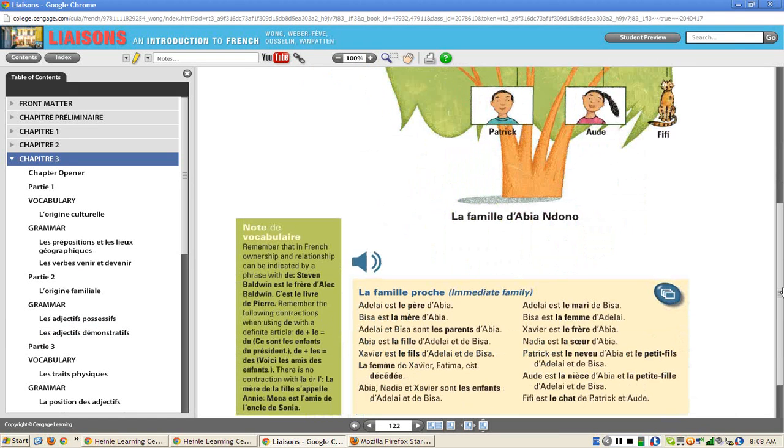For the time being, though, let's just focus on the vocabulary of family, as well as another way of expressing possession, which is simply by putting in the de, this little particule, de. For example, if you say the father of Abia, or Abia's father in English, le père d'Abia.